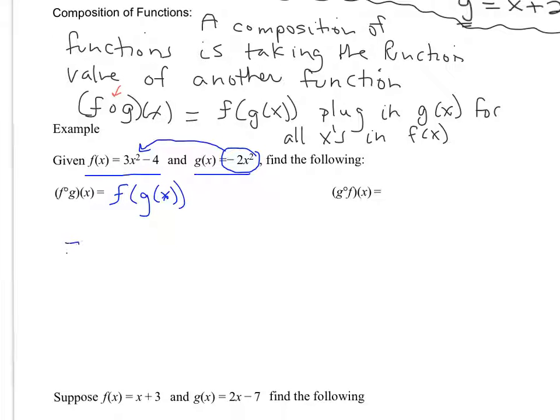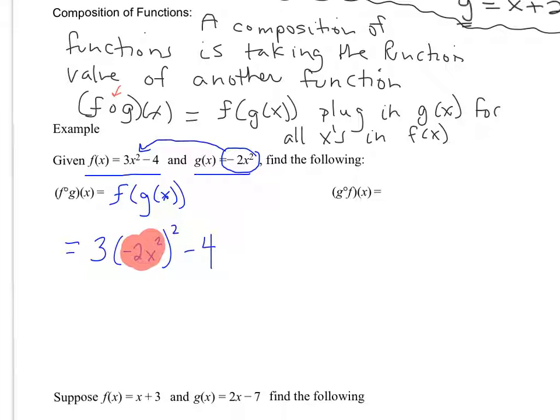So in this case, that's going to make the composition 3 times negative 2x squared minus 4. So if you look at just this part, this is where there used to be an x in f of x, and we put in that other function g.